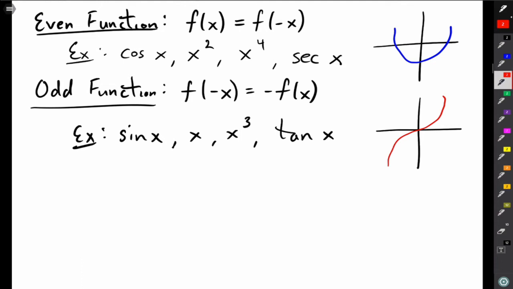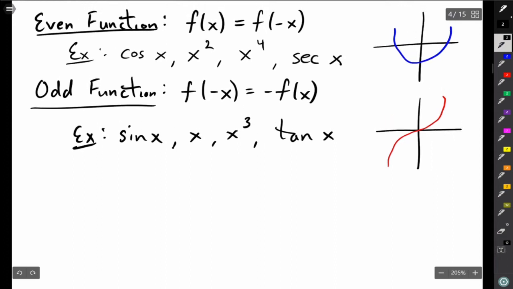So what's the point of talking about even and odd functions here? Well, they satisfy some nice things. There are some symmetry properties to even and odd functions. Notice here, any negative area we have here, we have an equal copy over here. Any positive area we have here, there's an equal copy of it here for even functions.